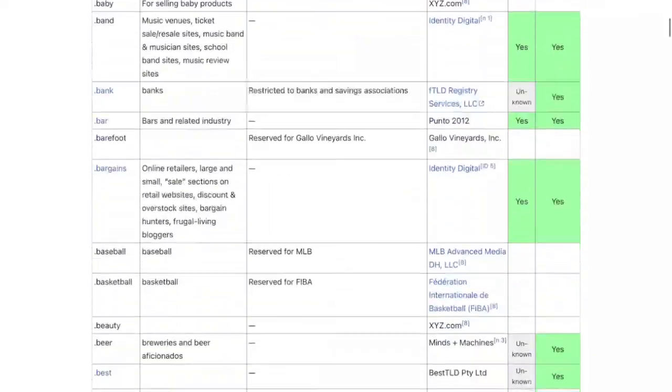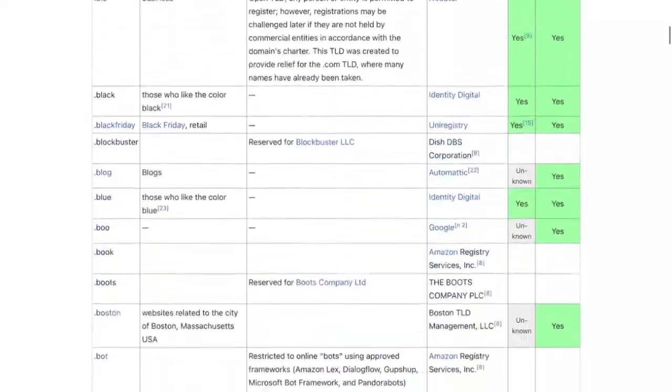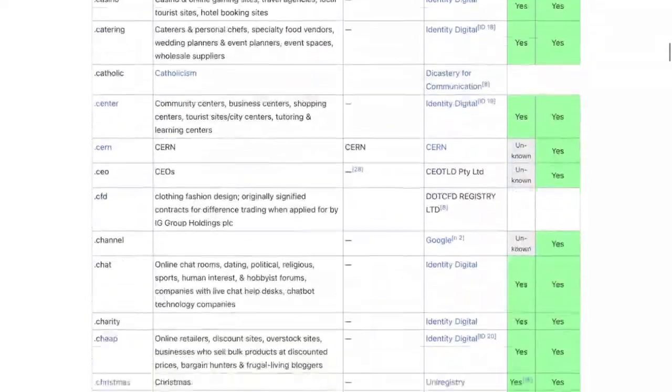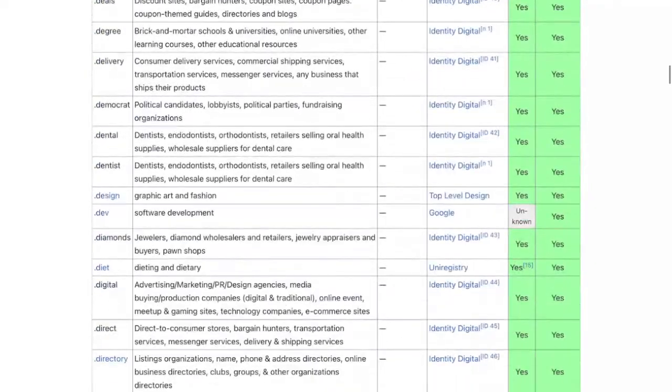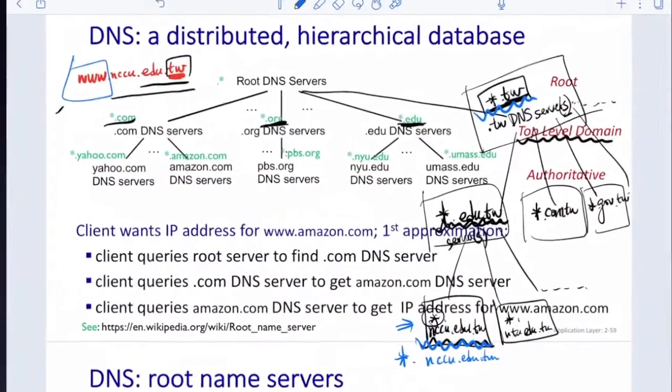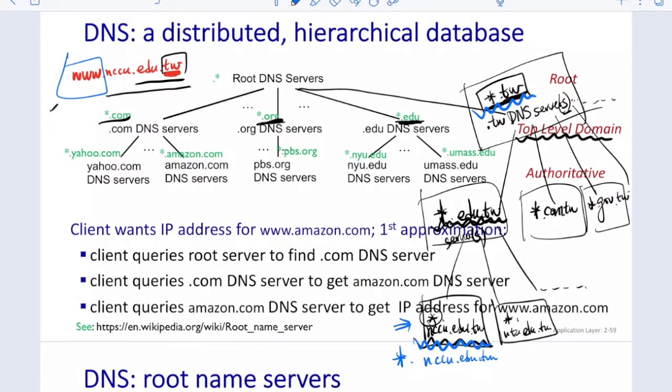Although we do have such top-level domains, we seldom use them. Currently we simply use things like .org or .com.